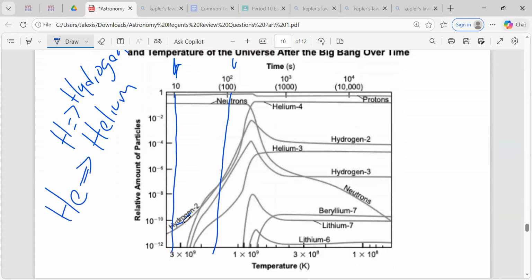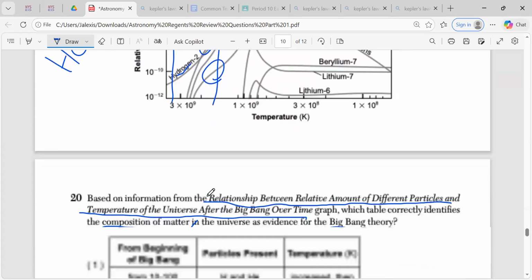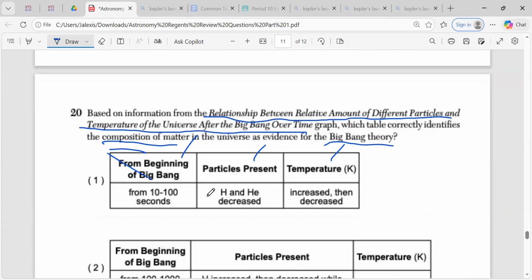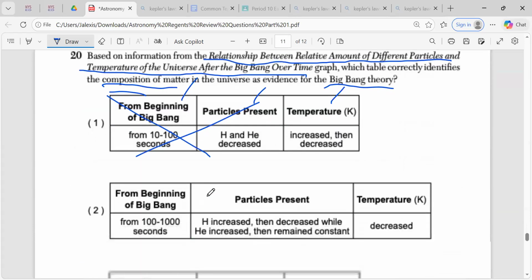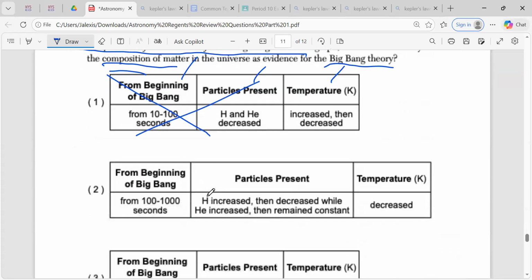Hydrogen, the line is going up, so it increases, right? For hydrogen. Helium, right? And I see multiple different types of helium, right? But both of these lines here, and even here, they're all increasing from 10 to 100 seconds. The line is going up. So it can't be that. It can't be that.